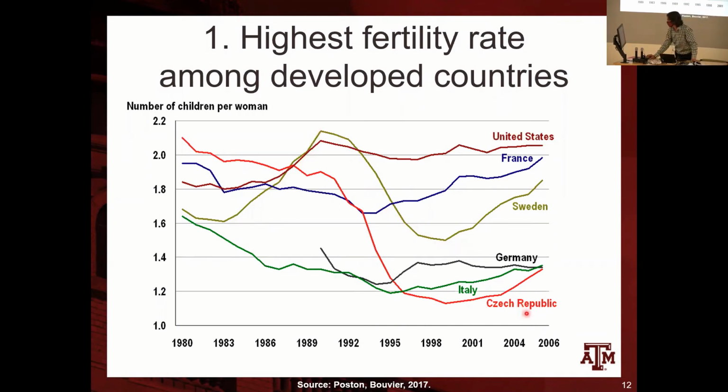The Czech Republic, after the end of their rule by Soviet Union, they start to face some economic issues. The families start to face limitations on economic opportunities. And again, exactly early 90s, when that happened, their fertility starts to decline.